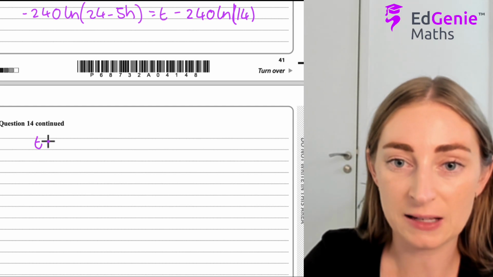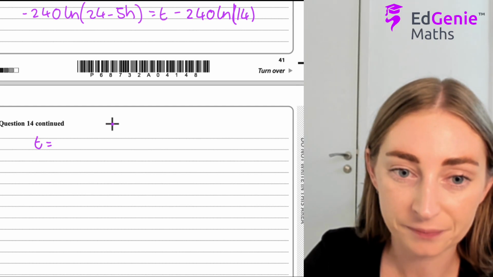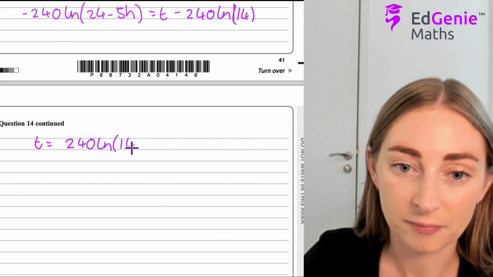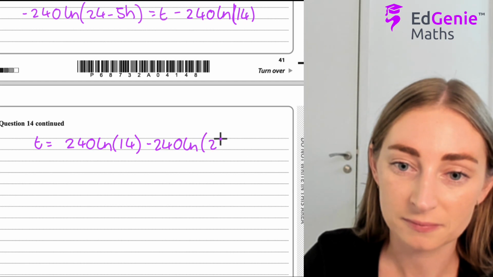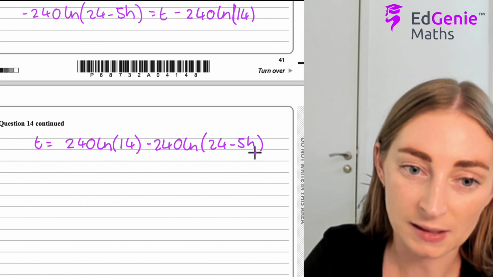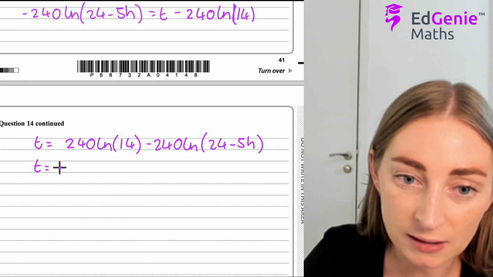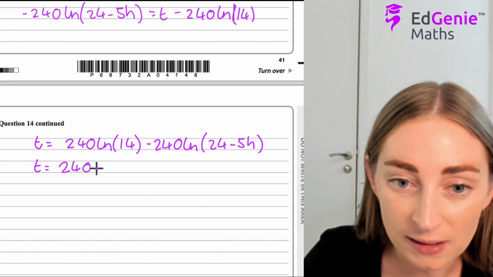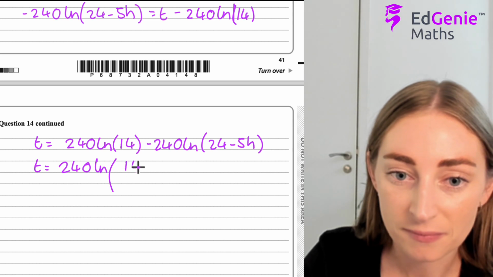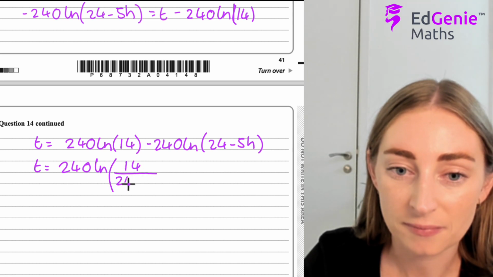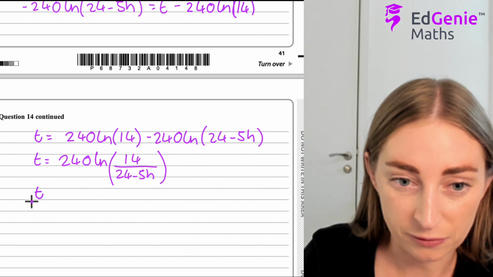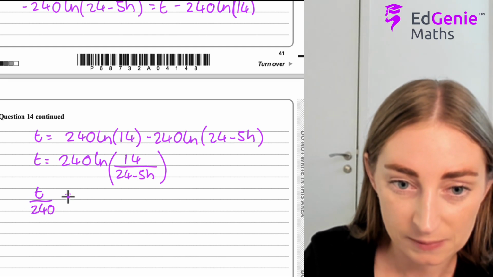So t equals, if I add this, this again, it can be written. So because we're taking away, I can write this as... divide both sides by 240 will give us this.